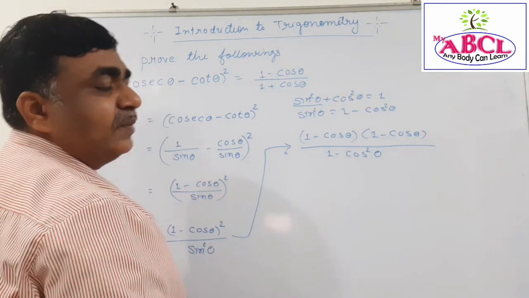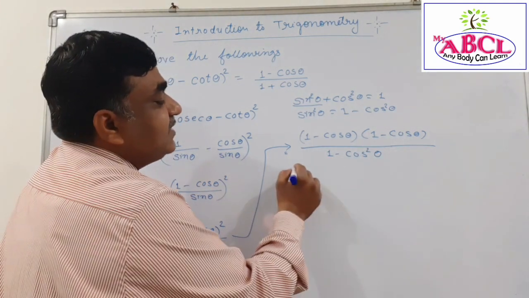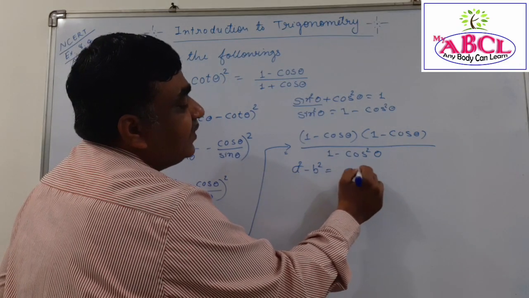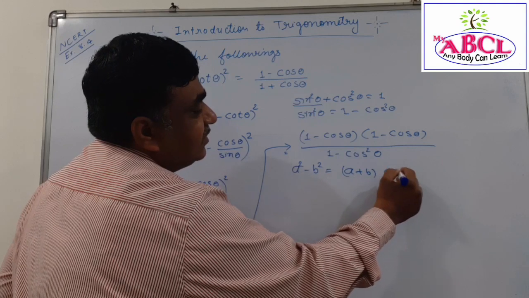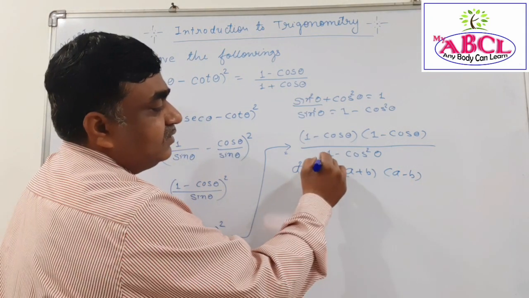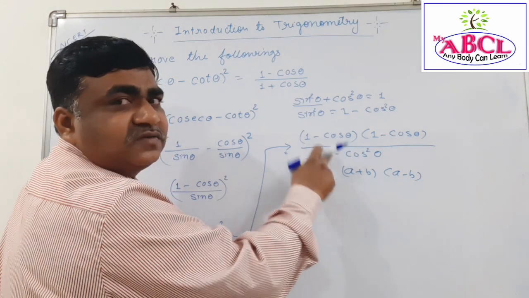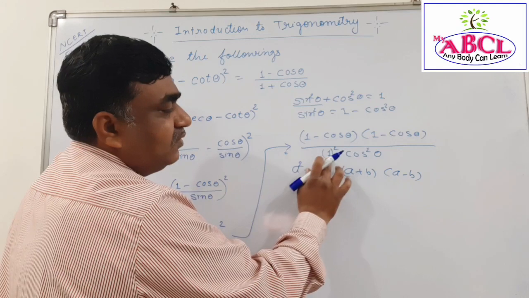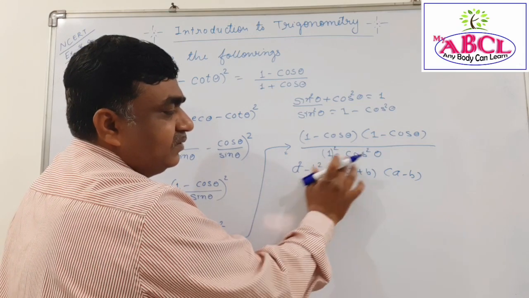So I have one other identity, that is a square minus b square is equal to (a plus b) and (a minus b). Where can we apply this identity? Yes, here. Here 1 is there, and 1 square is 1. So a and b are 1 and cos theta, and by this identity, 1 minus cos square theta becomes (1 minus cos theta) and (1 plus cos theta).